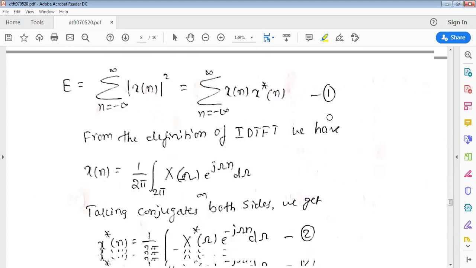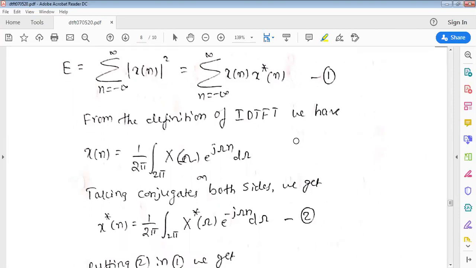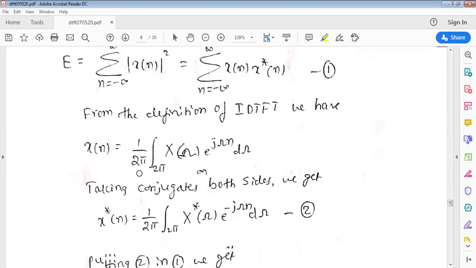From the definition of IDTFT, we have x of n is equal to 1 by 2 pi integral of x of omega e power j omega n d omega. Now what I will do, I have x of n, but I don't have anything for x star of n. Therefore, I'll take the conjugate of this one. I'll write x star of n is equal to 1 by 2 pi integral for a period of 2 pi.